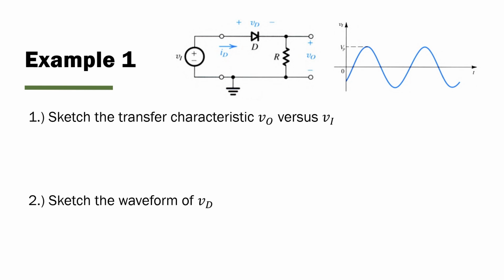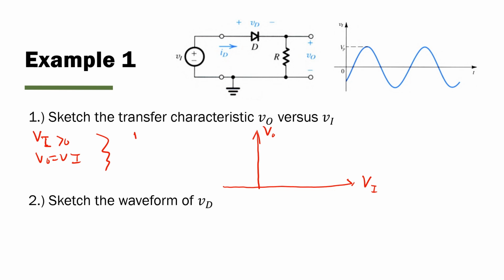Let's do a couple of examples. We want to sketch the transfer characteristic of Vout versus Vin. That essentially just means if Vin is on the x-axis, what does Vout look like? Well, as we just stated, when Vin is greater than 0, Vout is equal to Vin. And when Vin is less than 0, Vout equals 0.